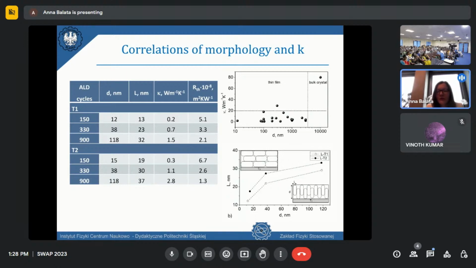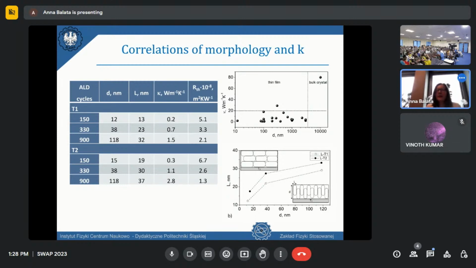For the thinnest layers it was about 5 multiplied by 10 to minus 8 meters squared Kelvin per watt, and the same was for T2 layers. We started with 6.7, and for the thickest layer, that's the lowest, 1.3.